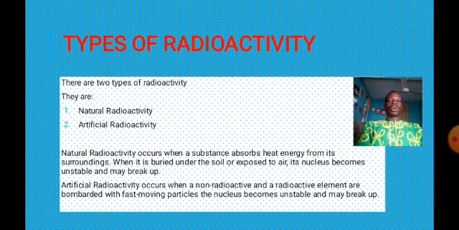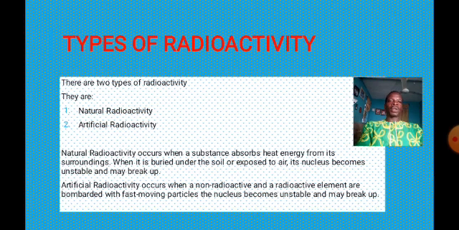When does natural radioactivity occur? Natural radioactivity occurs when a substance absorbs energy from its surroundings, when it is buried under the soil or exposed to air.